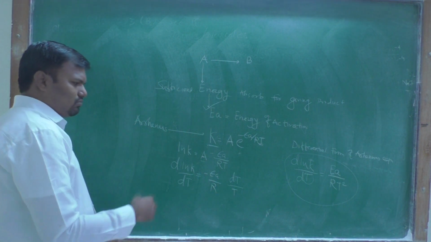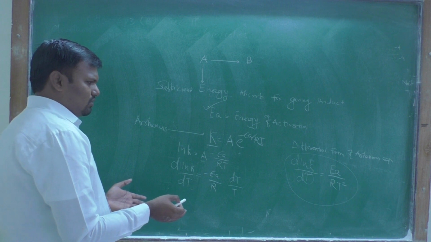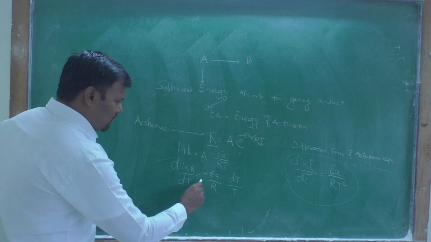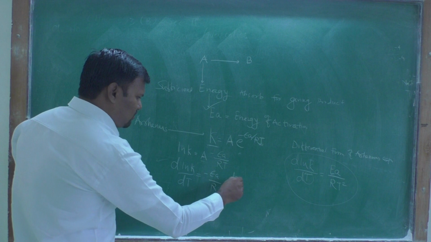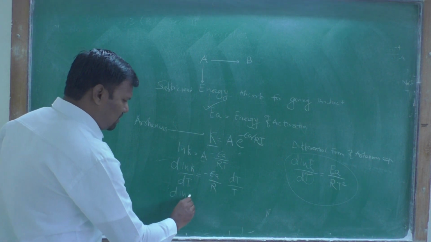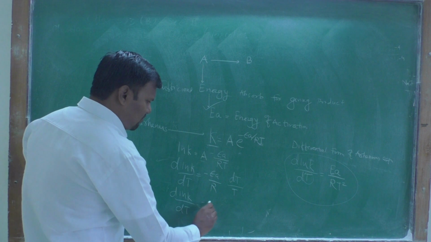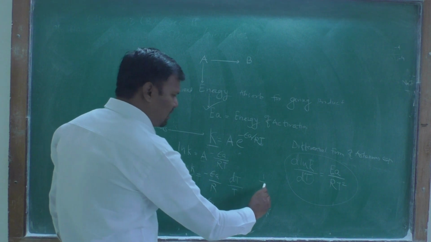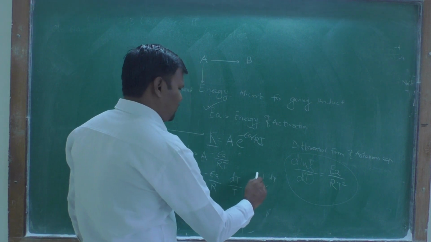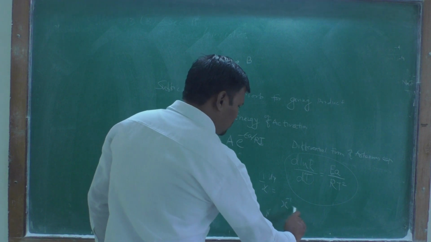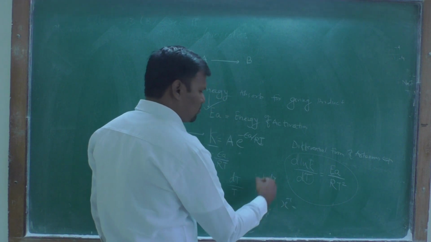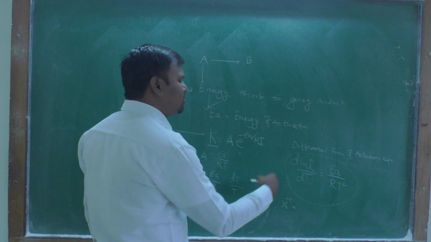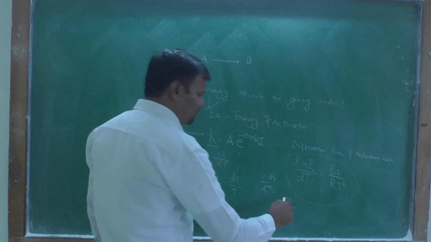When you differentiate, you obtain this, and now when you take the derivative, d ln k upon dT is equal to minus Ea upon R times the derivative of 1 upon T. You use the formula for the derivative of x raised to n, which is n x raised to n minus 1.